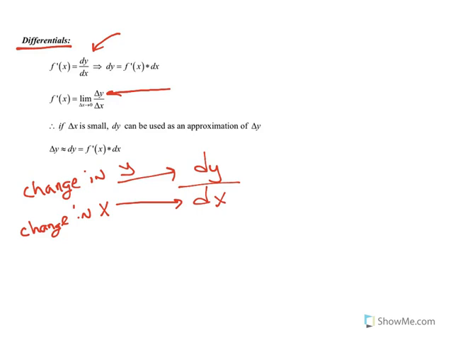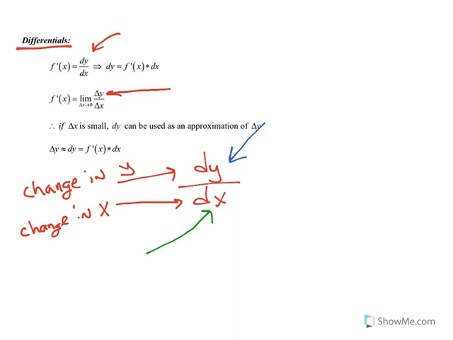If we were just concerned about the change in y, when we know what the change in x is, then we could rewrite our first derivative and get a new equation that would tell us what the change in y is going to be.